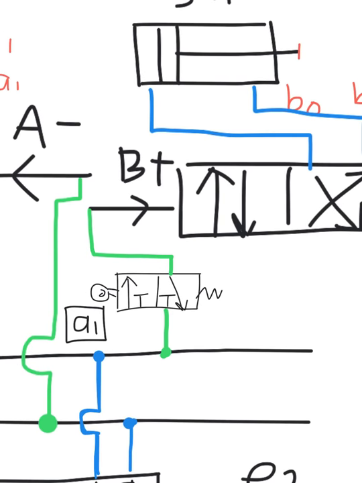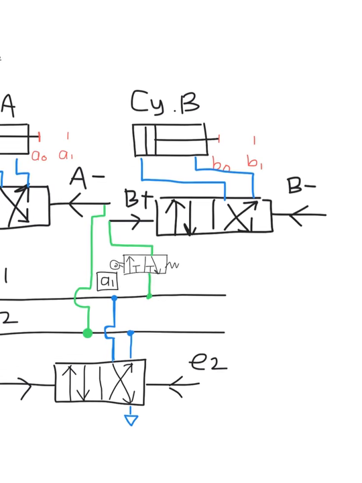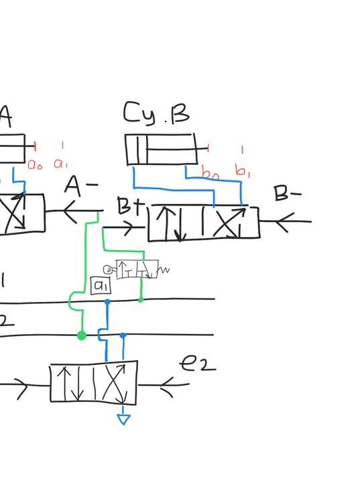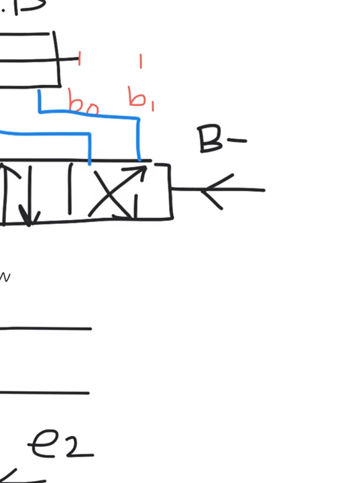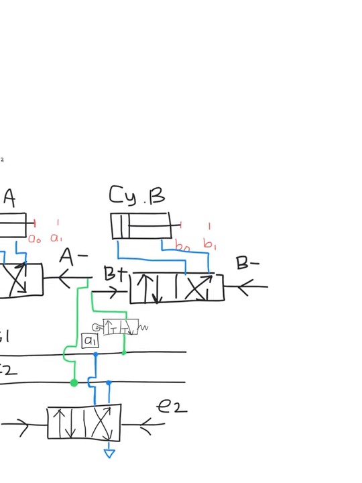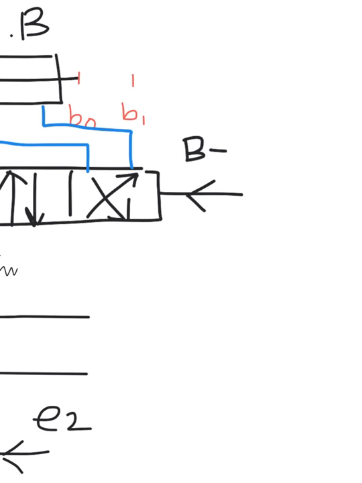Then for B minus, it is connected with A node and G2. We draw the limit switch first, and make it upper.